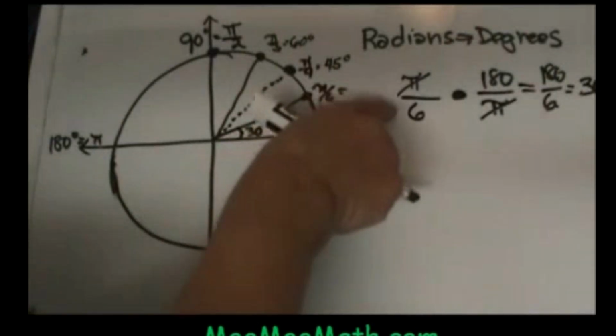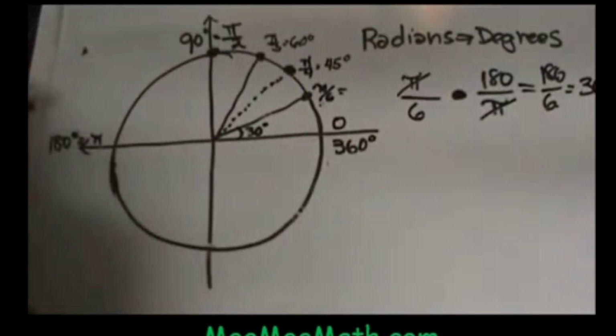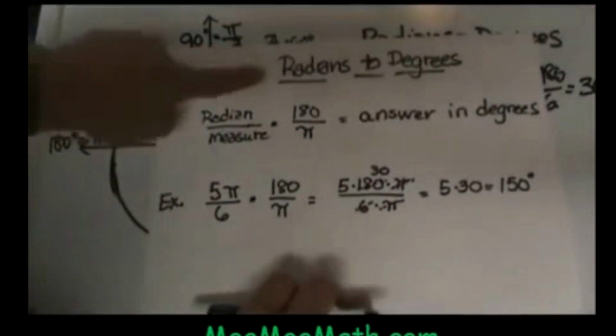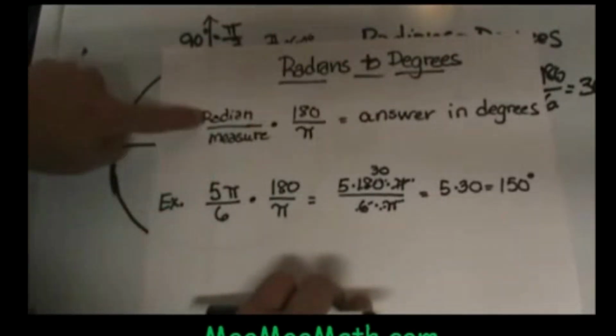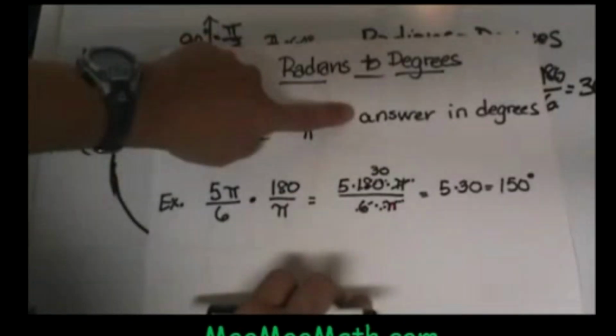So you take your radian measure and you multiply it by 180 over pi to switch from one to the other. Here's a quick little summary page and one more example. Radians to degrees: you take the radian measure times 180 over pi, and that gives you your answer in degrees.